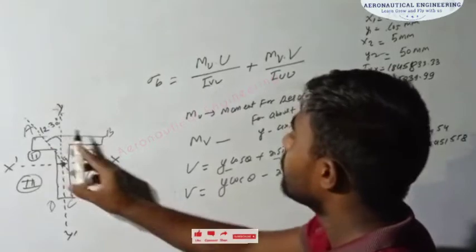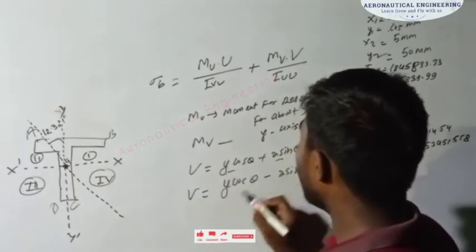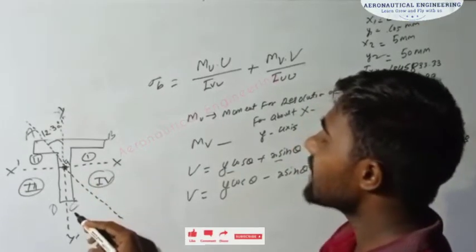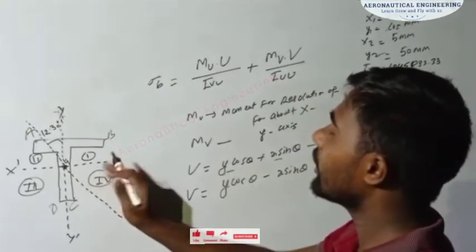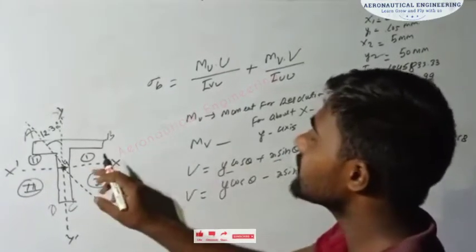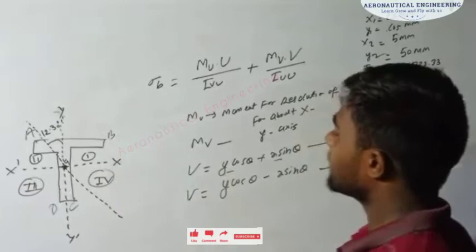Similarly for point B. If the question asks for the bending stress at all the corners, then we have to find the x and y components at all the points of the given section.